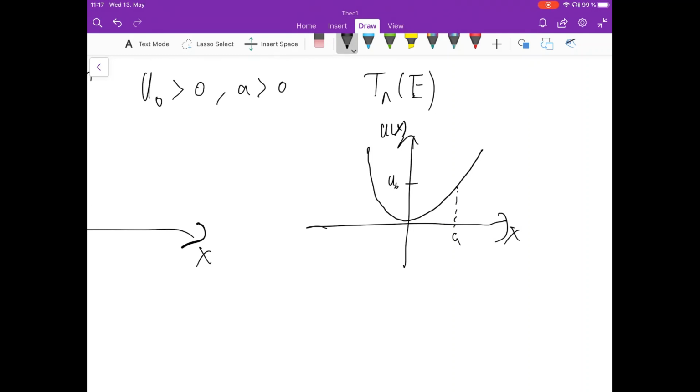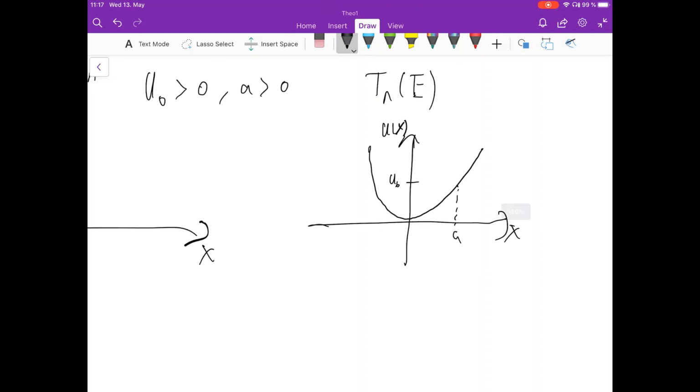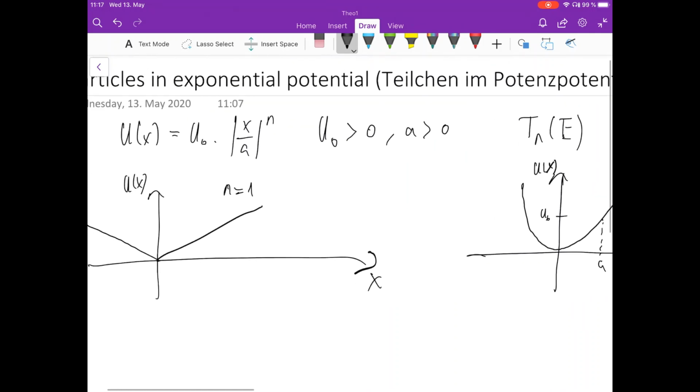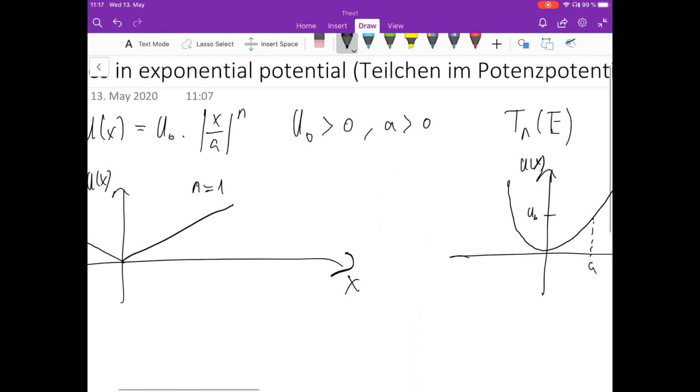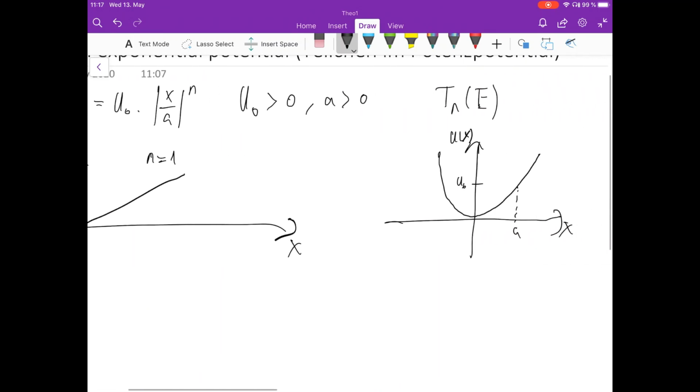So I can define any function, any U(x), by picking a U_0 and a corresponding a, or picking a point a and a corresponding point U_0. So that's all the function tells us, and it's pretty useful.